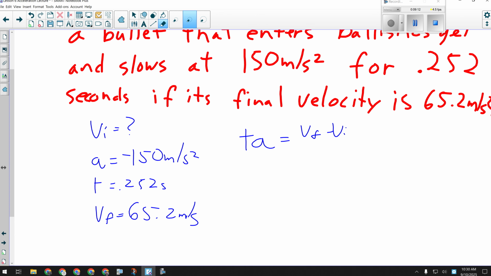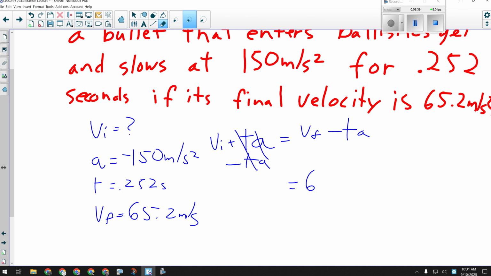And then what I do, you don't have to do it this way, but what I do is I add vi over to the other side, okay? Which most people find counterintuitive because now I'm not solving for it, except I will be in a second. Now vi is positive. I'm not solving for a negative number. Now what I do is subtract t times a back over to this side. Okay, now VI is positive, and I can solve for it.